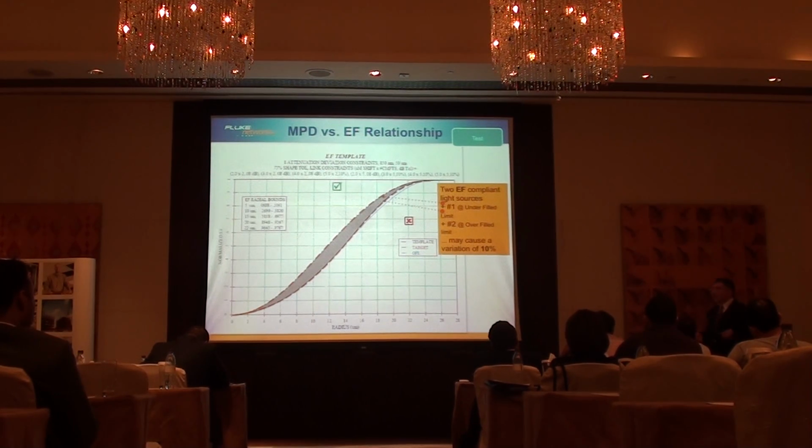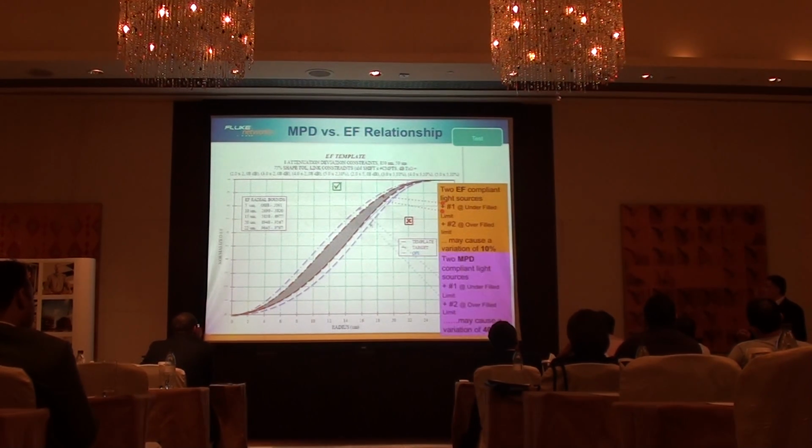Okay? Now, if you had the LPD light source, your variability is 40%. So that means one tester will give you a great pass, and the other one will give you a horrible fail. 40% variability. That means if you had a tester that was LPD compliant, you would buy, this gentleman would buy a tester, you will get a pass, he will get a fail.